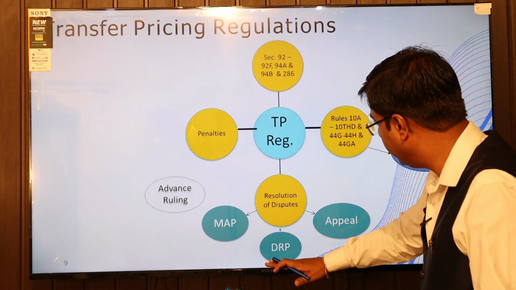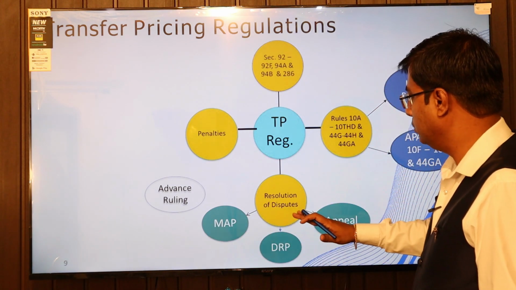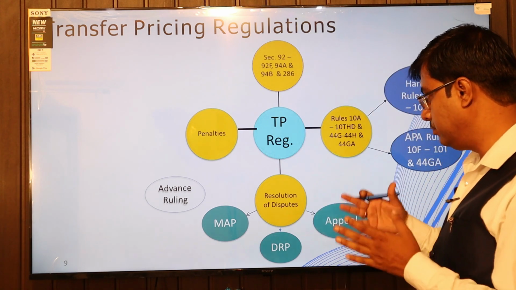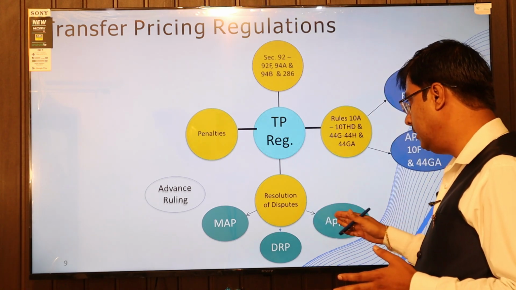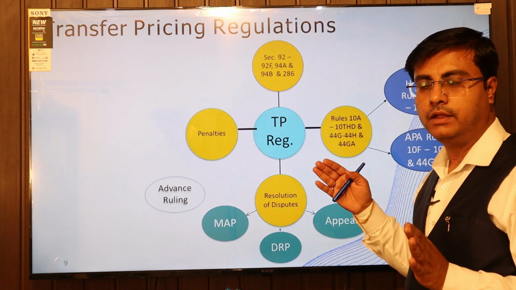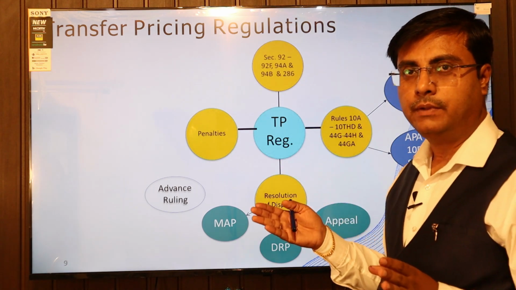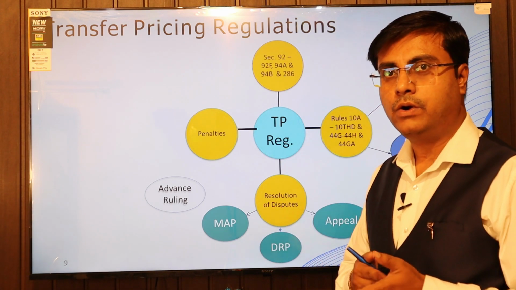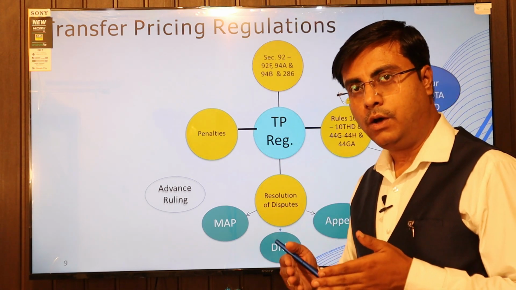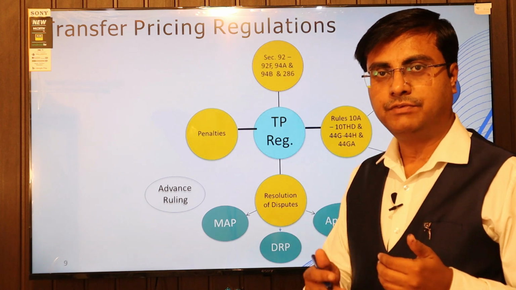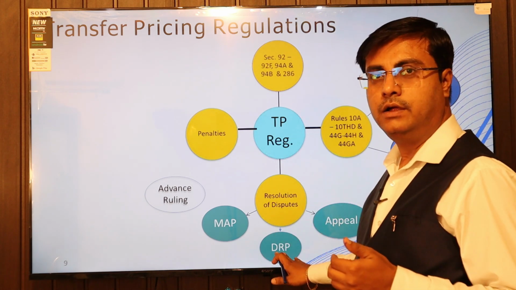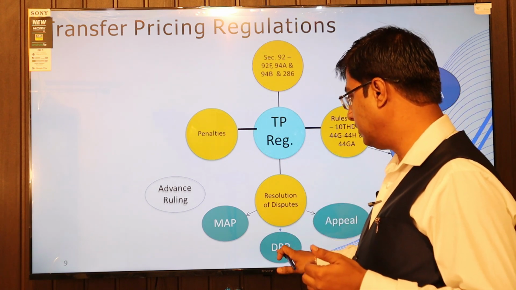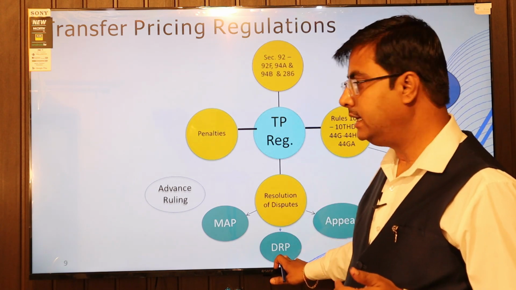I will discuss from here. Suppose there is a litigation, how do you resolve it? You can file an appeal, the normal procedure, when the AO disallows on the reference of the TP officer. Then after the AO order, if they give you a draft report, you can go to the Dispute Resolution Panel, and after that you can directly approach the ITAT.